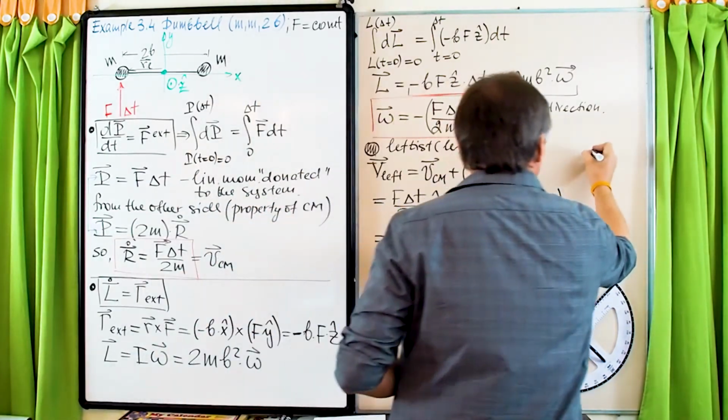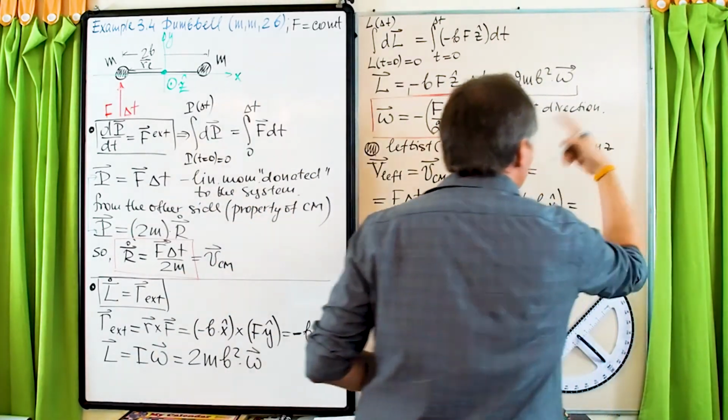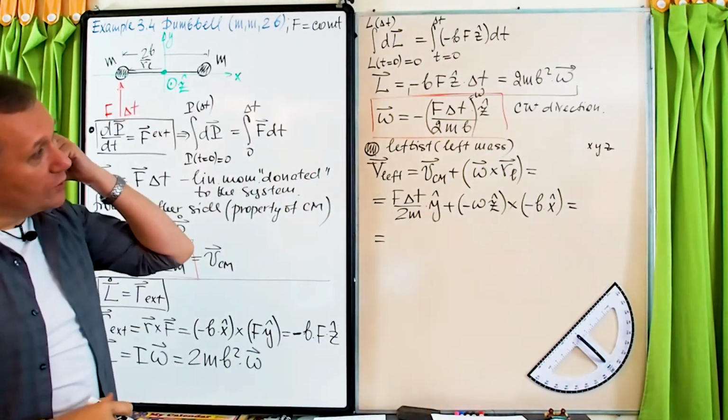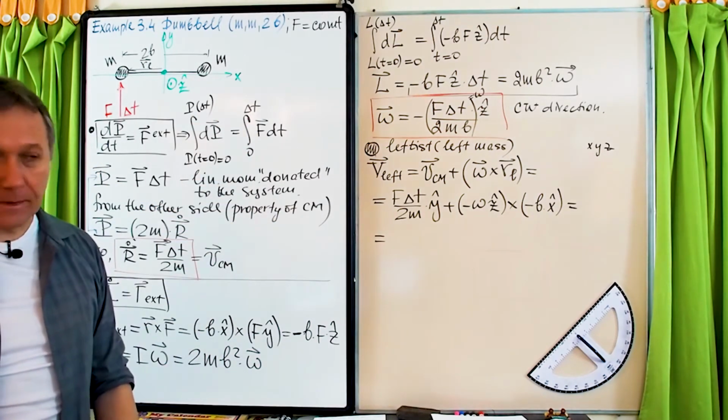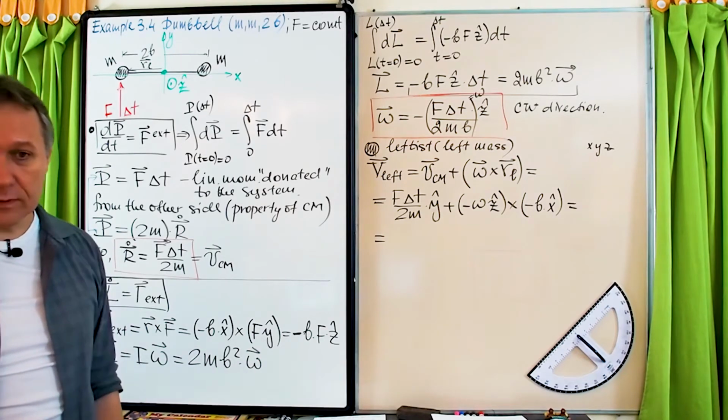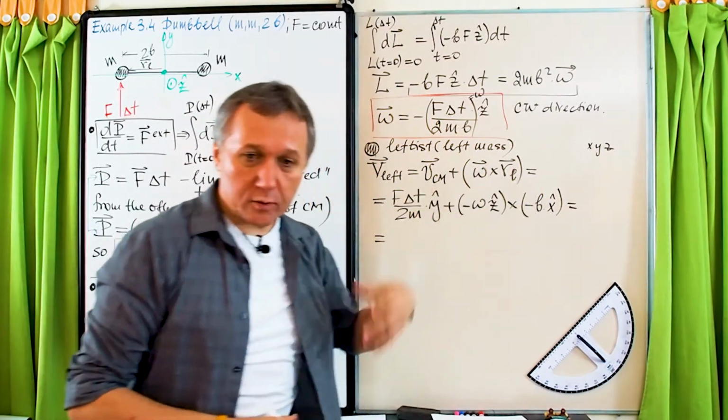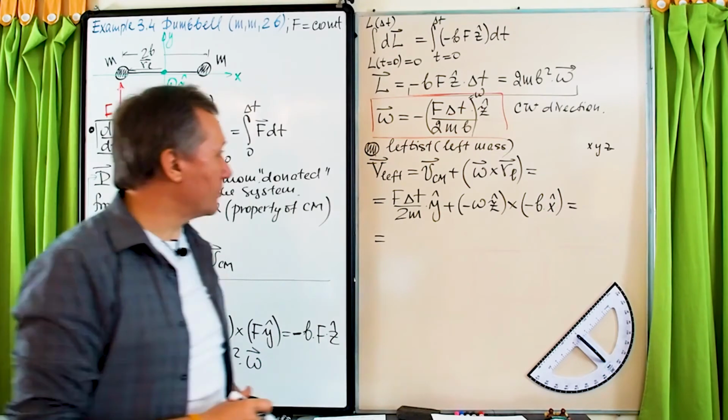What's the cross product? So x, y, z. It's a cyclic permutation, x, z. No, z cross x, so it will be y. All right. Z cross x, it's y. And we have two minus signs, so plus, so we'll get the plus y direction.